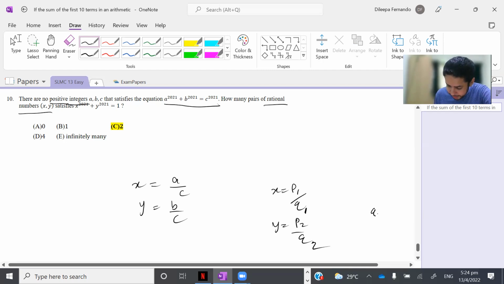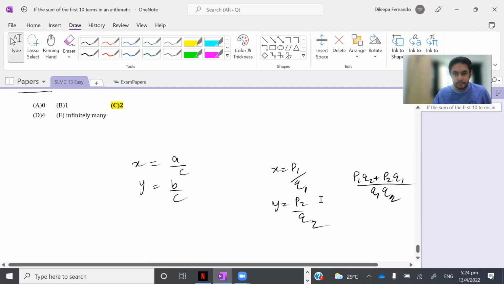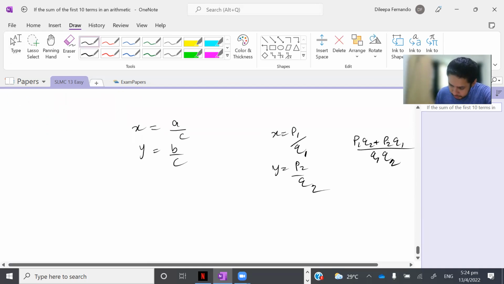If you consider the common denominator, q1 q2, p1 q2 plus p2 q1 over q1 q2, this is just x plus y. Now we can see that x can be written as p1 q2 divided by q1 q2, and y can be written as p2 q1 divided by q1 q2.